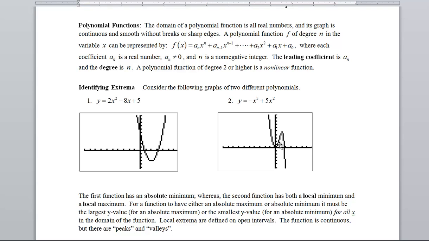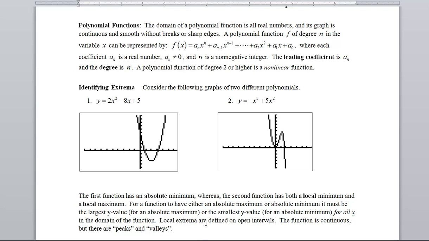But in this section here, that is the smallest y value just in this neighborhood. This piece right here, just in this neighborhood, that's the largest y value that I've got. But it's called a local max because it is not the largest y value that will ever occur on this graph.